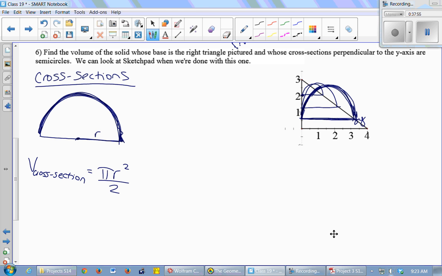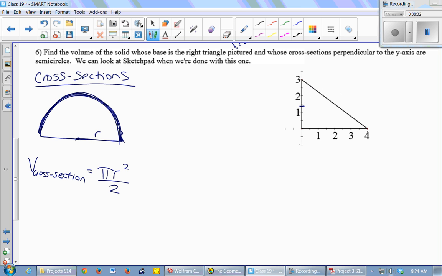So if I'm drawing one of these semicircular disks, we'll call this at a random height of y. Then this distance x would be the diameter of my semicircle, and I need to be able to relate the x and the y, right? I think it will be clearer if I just draw one of these.